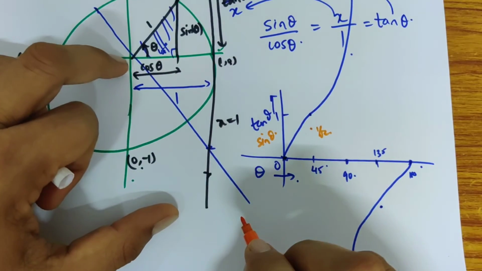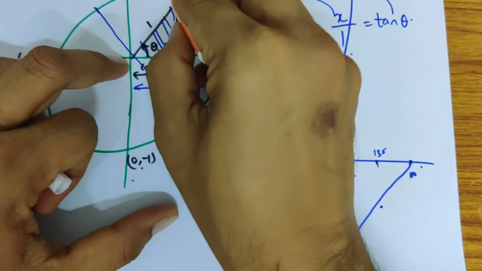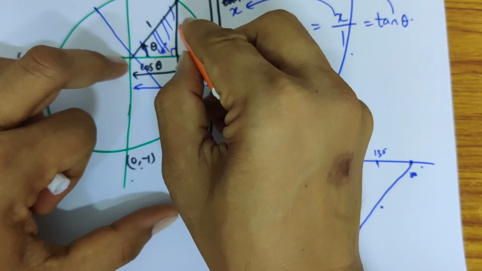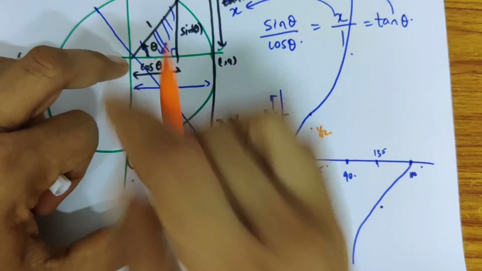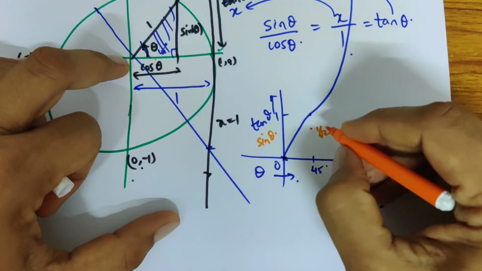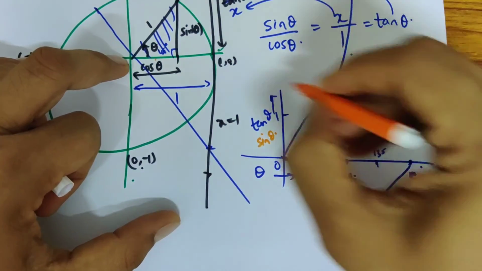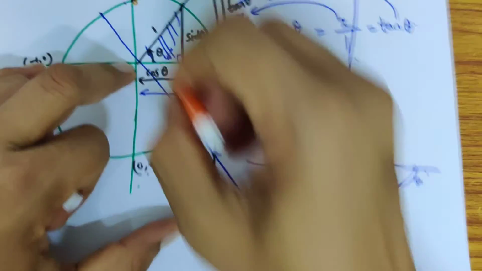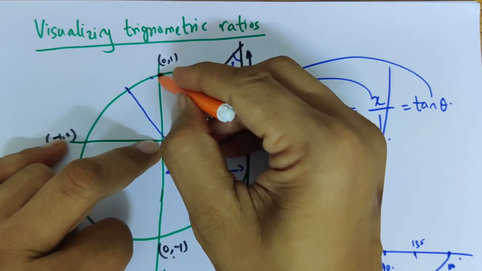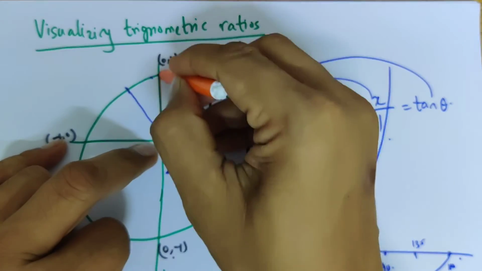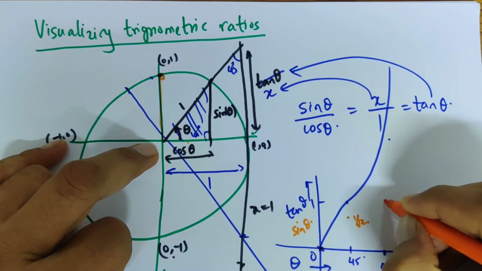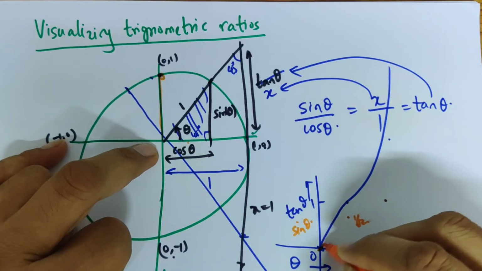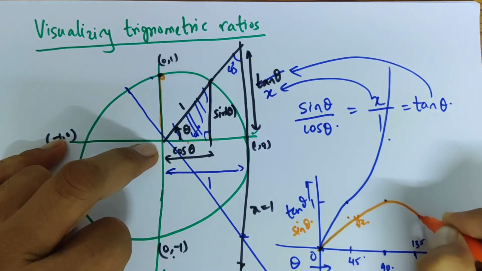And basically you have a square, because this side and this side are equal at 45 degrees. You have a square whose diagonal is 1. So the side is 1 by root 2. Right? And as you keep going to 90 degrees, it basically comes here. So that means the vertical line becomes the full length, which is 1. And then of course it comes down. So you get your sine curve that looks like that.